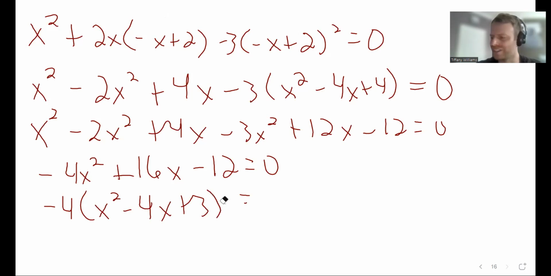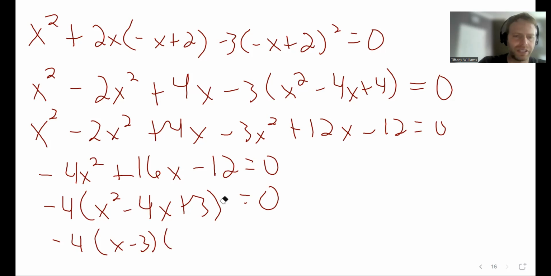That's a parenthesis, sorry, equals 0. All right. So then if I keep factoring, I get negative 4 times x minus 3 times x minus 1 equals 0.